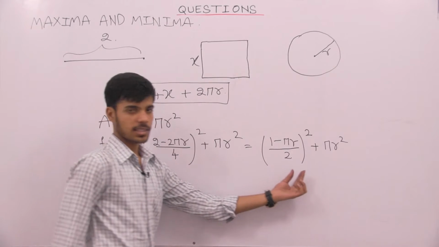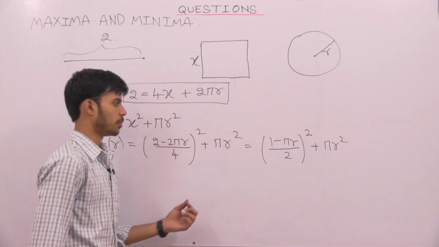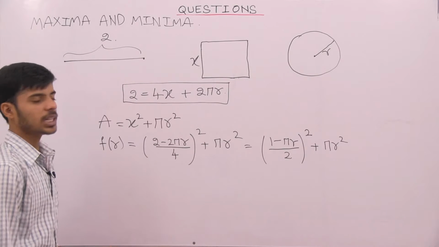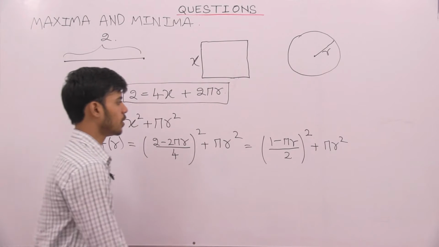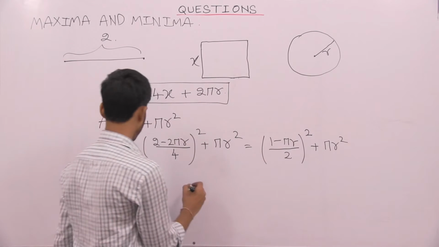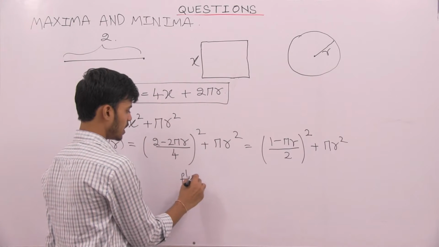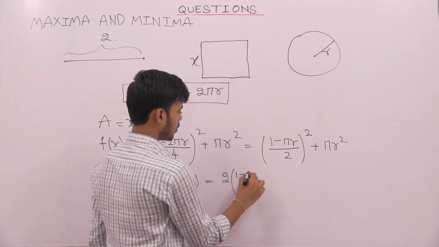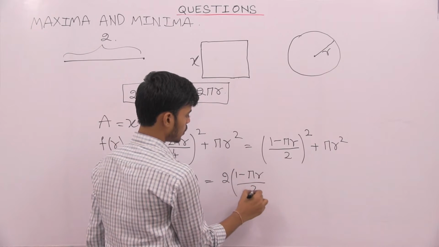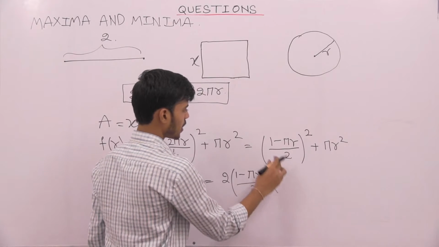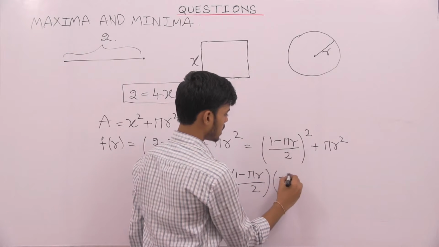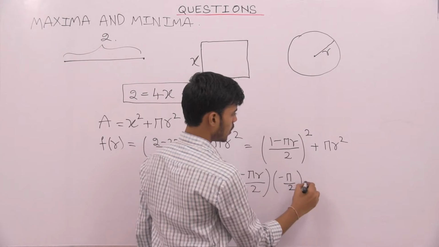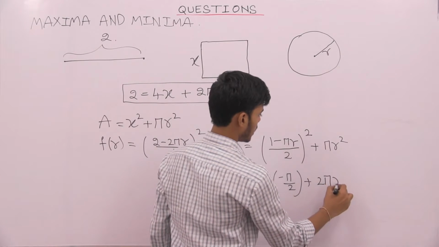Now it is given that this area is minimum. For it to be minimum, its first derivative should be equal to 0. So differentiating, f dash of r is equal to 2 times 1 minus pi r by 2 into the derivative, that gives us minus pi by 2, plus 2 pi r.